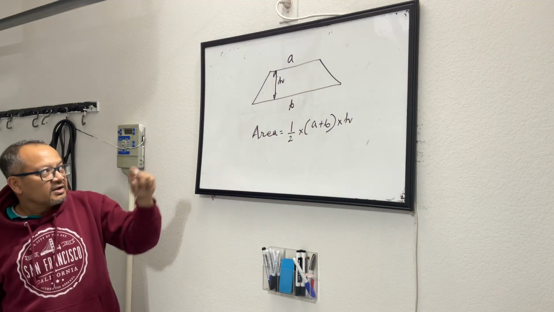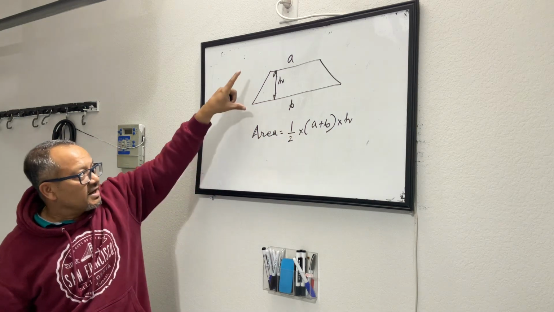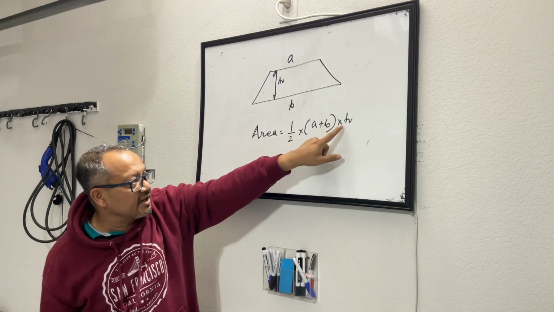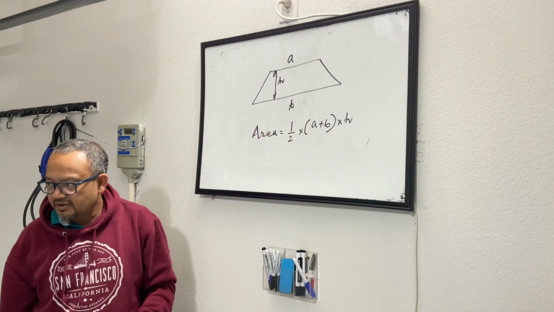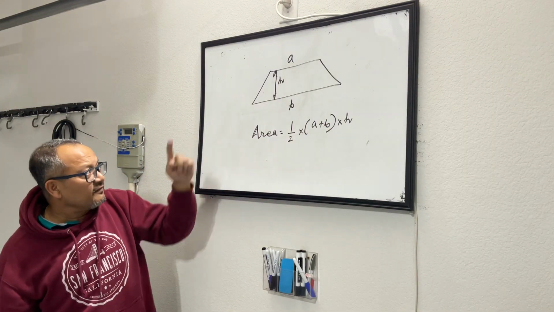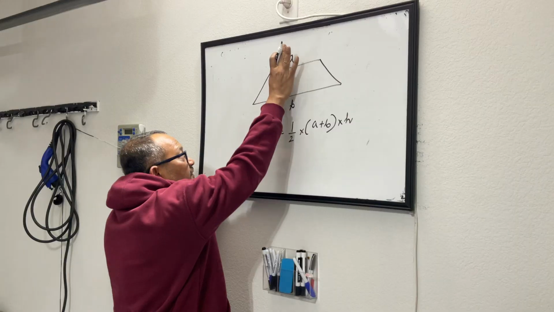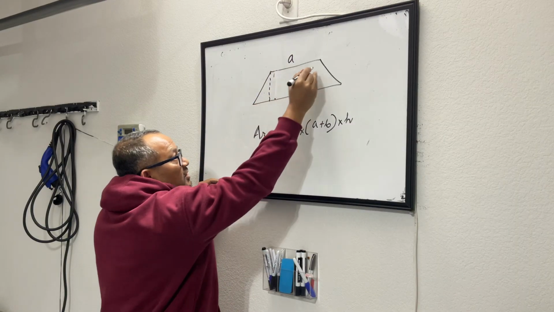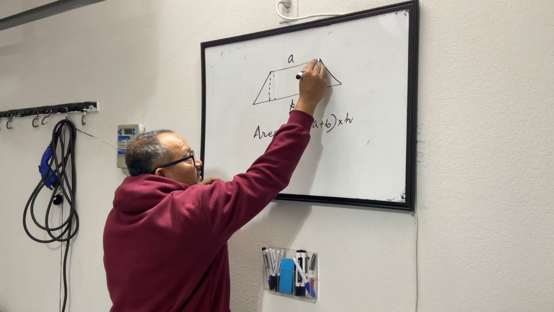So the area of a trapezoid is the sum of the two parallel sides times height divided by 2. And we can prove that. I'm just trying to give you a view of that.